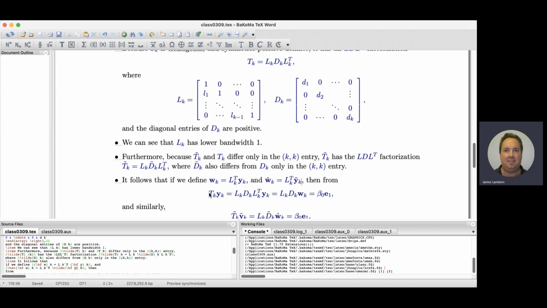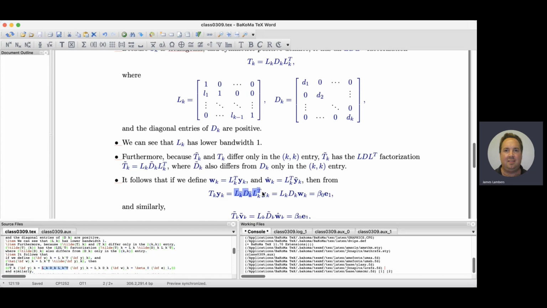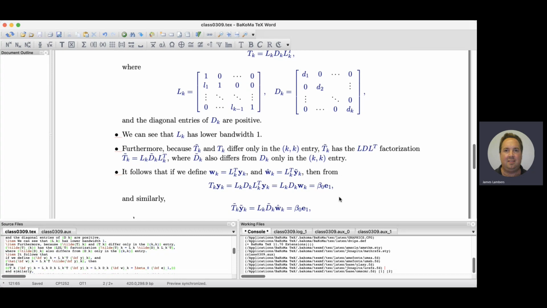So then, here's the left side of my system that I'm solving for YK, and I replace TK by its LDLT factorization. But now this matrix vector product, which is a vector, is defined to be WK. And then that's set equal to the right side that we've had all along, and that's beta naught E1.